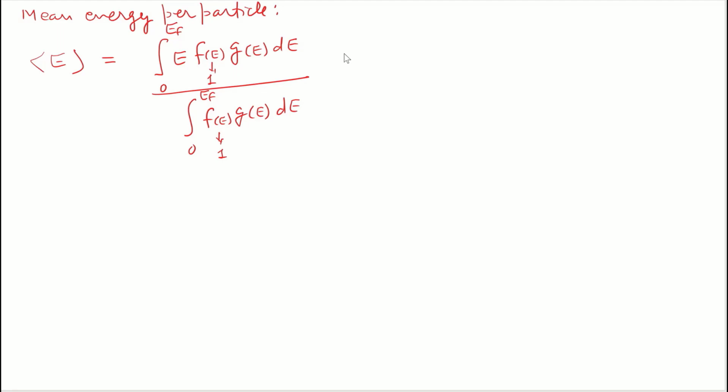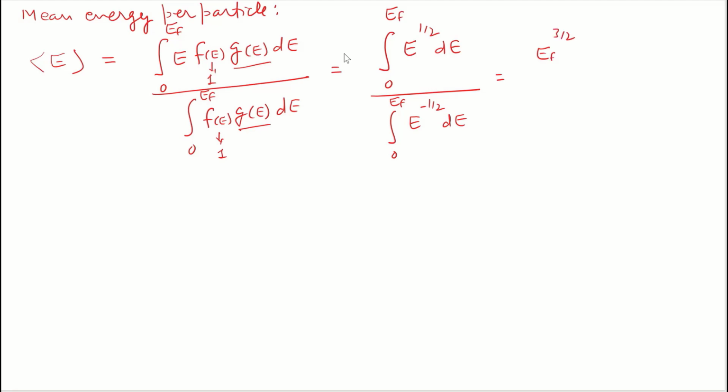The common term g(E) is in both numerator and denominator, so the constant terms cancel with each other. We are simply left with the integral from 0 to EF of E to the power 1 by 2 dE in the numerator, and the integral from 0 to EF of E to the power minus 1 by 2 dE in the denominator. This comes out to EF to the power 3 by 2 divided by 3 by 2, multiplied by 1 by 2 divided by EF to the power 1 by 2.